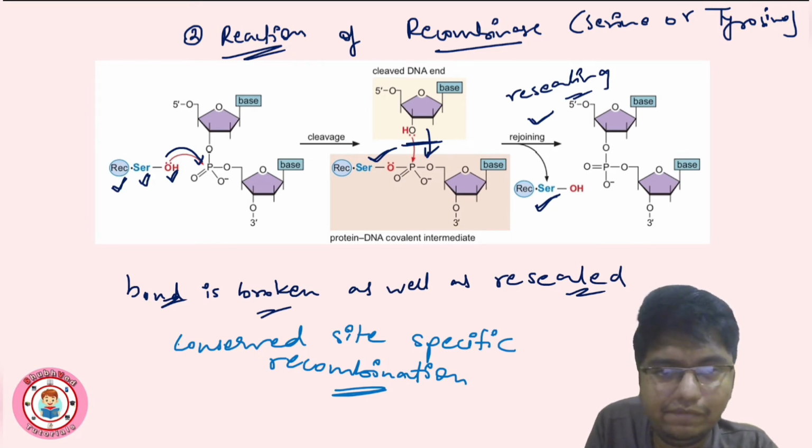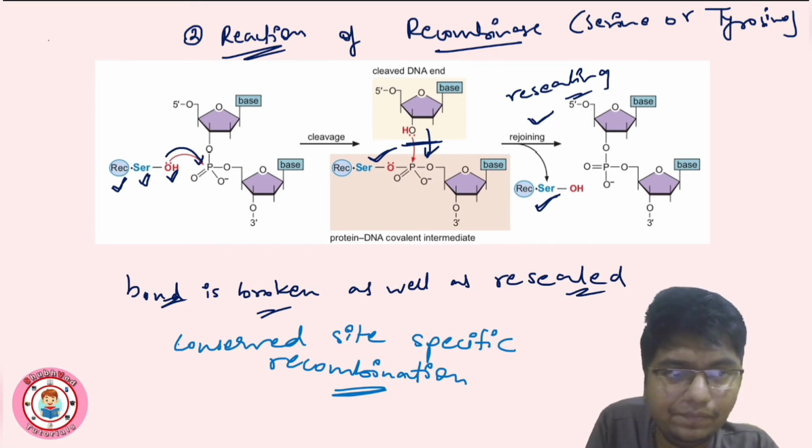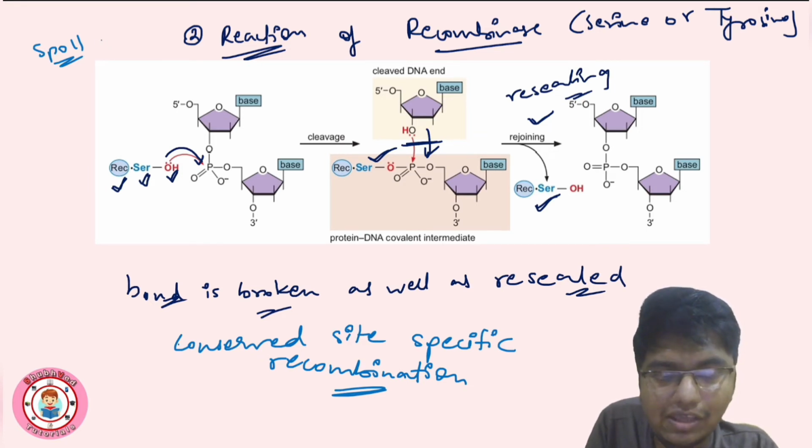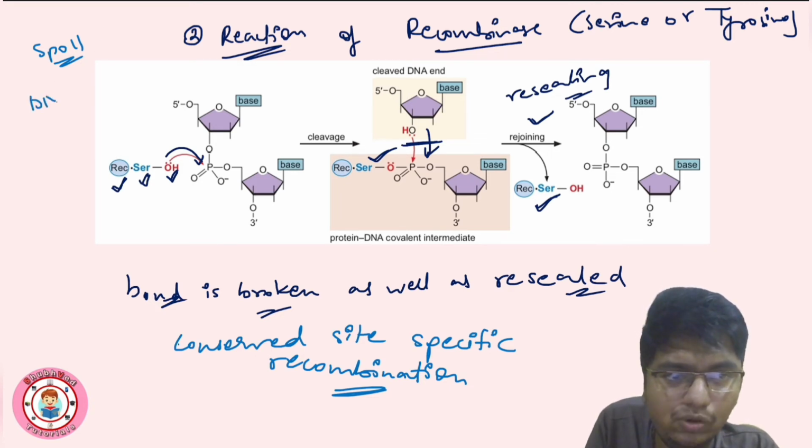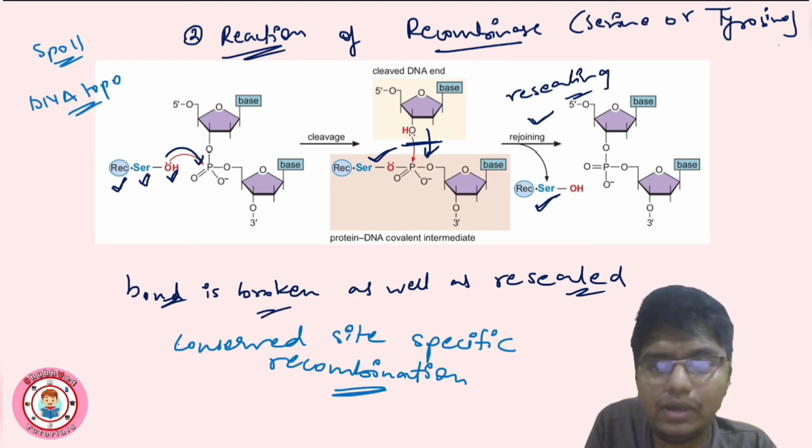Same here, we can see the proteins known as Spo11, which introduce a double strand break in the DNA for the start of the homologous recombination step, right? So this enzyme also acts in the same manner, as well as DNA topoisomerases. These enzymes also act in the same manner.